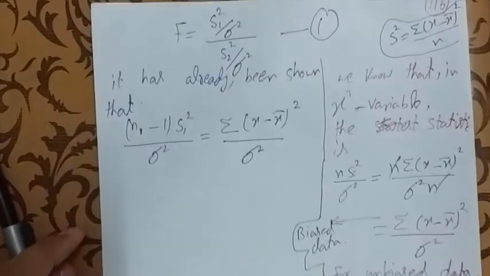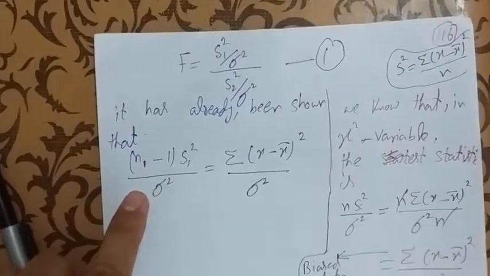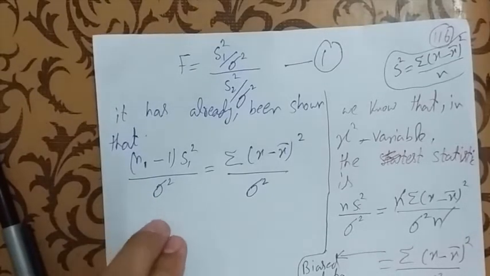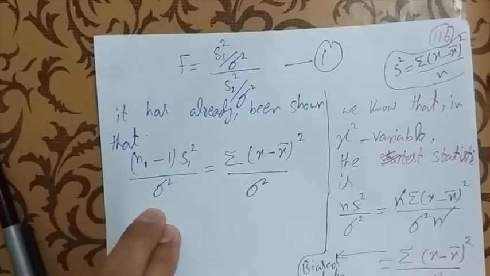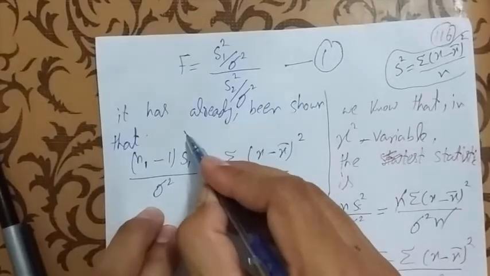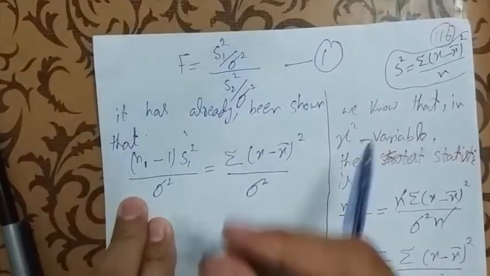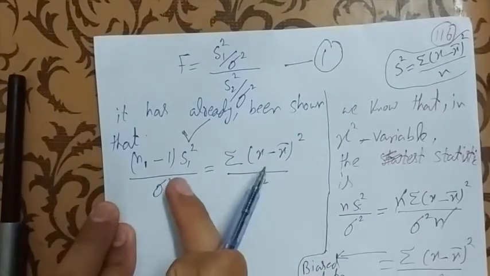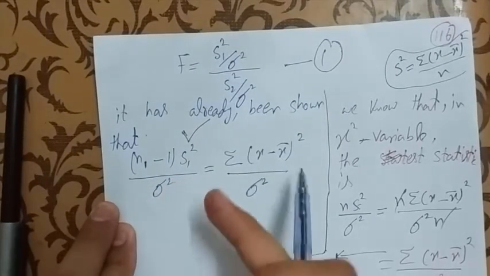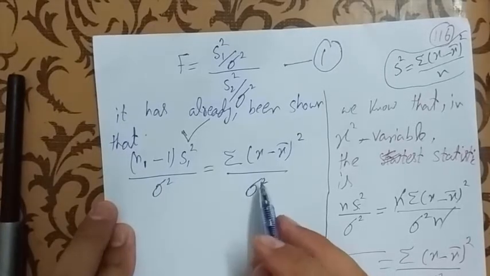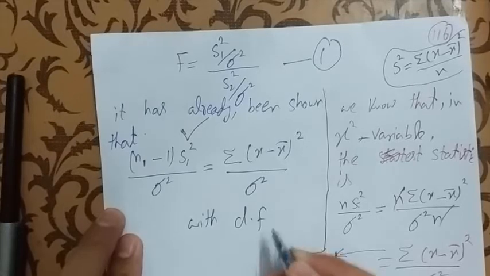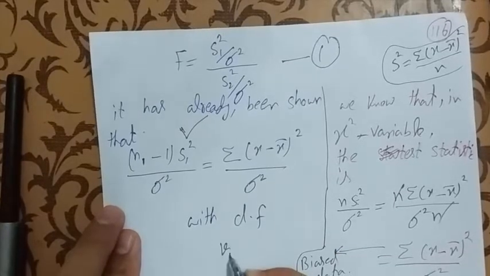And similarly, first of all we take the chi-square variable. This is the test statistic for the chi-square variable for one sample, and similarly we take another sample here, with degree of freedom nu 1, which is equal to n1 minus 1.